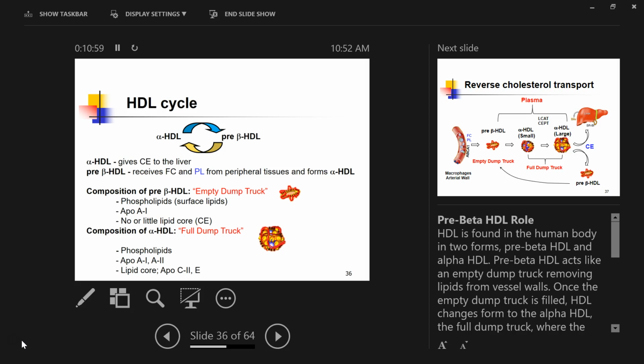So again, the main difference between these two HDL is its content, the lipid content. The beta HDL is empty, the truck is empty, and the alpha HDL is full of lipids, right?